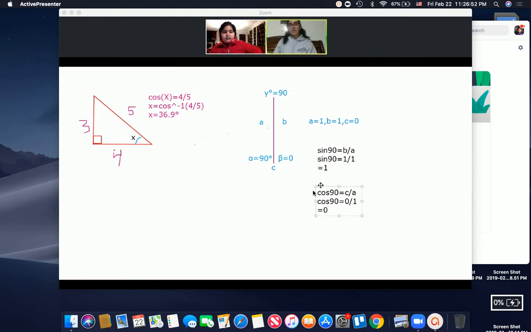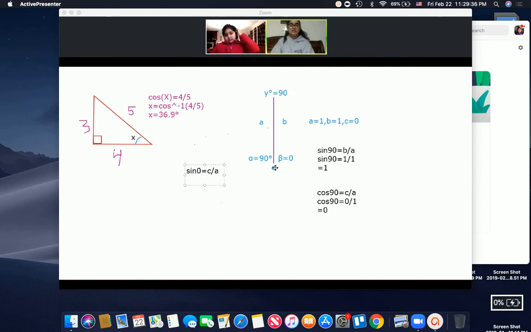Now, this is just one way we could do it. Another way we can do it is with respect to beta here. With sine, it would be sine 0 in this case. So the opposite would be c over the hypotenuse. Since this is the hypotenuse, we can't have this be our opposite. In this case, this would be our opposite.